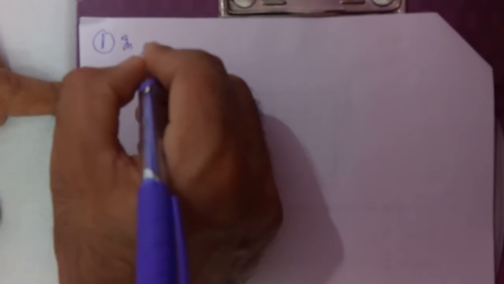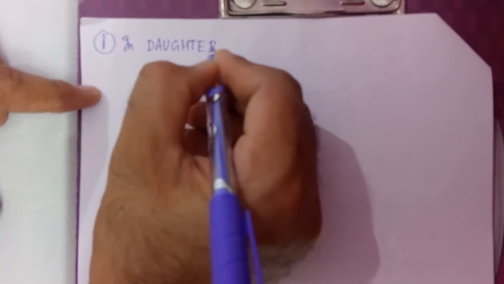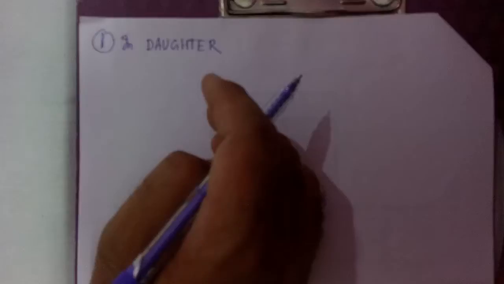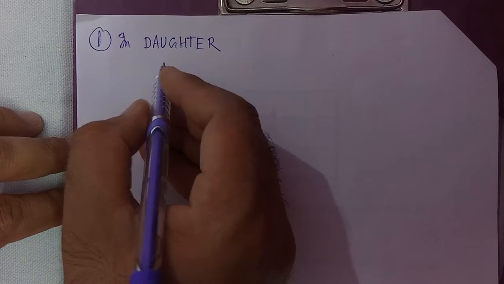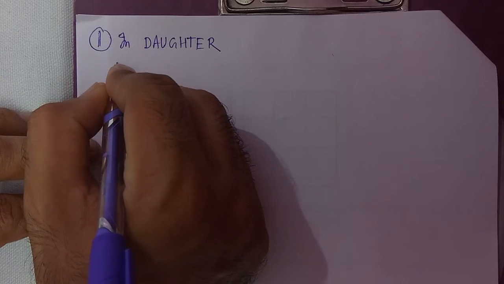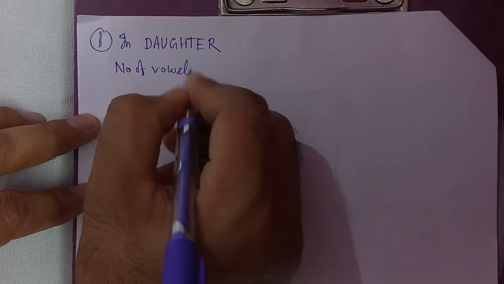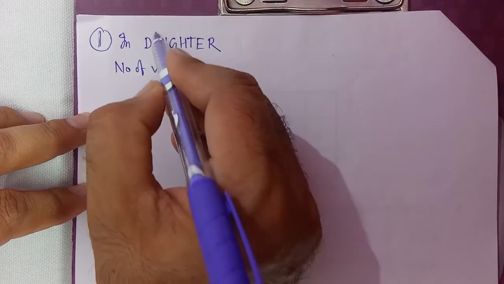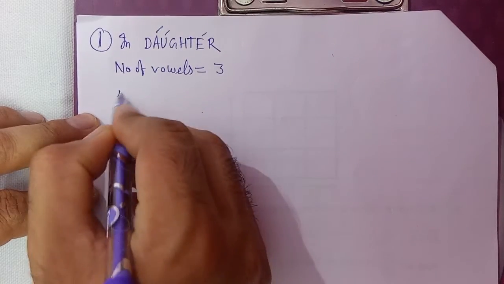So in the word daughter, number of vowels, one, two, three, 3 vowels.